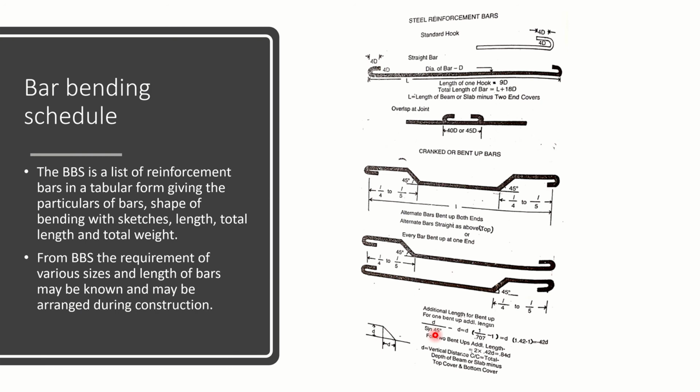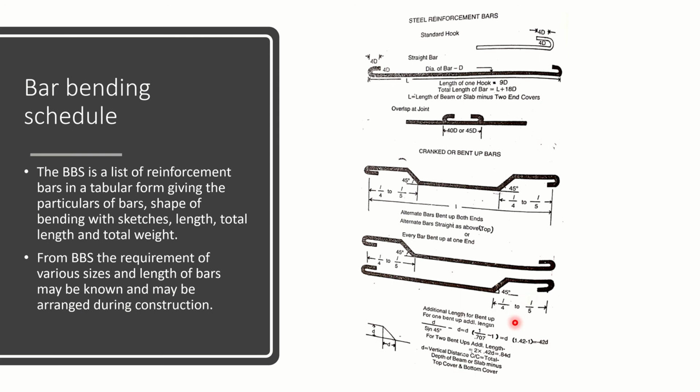So how to calculate the additional length for the bent up? For one bent up, the additional length is 0.42d, where d is this depth of the reinforcement. Okay. How will you calculate this depth d? d is the vertical distance center to center, which is the total depth of beam minus the top cover and the bottom cover.